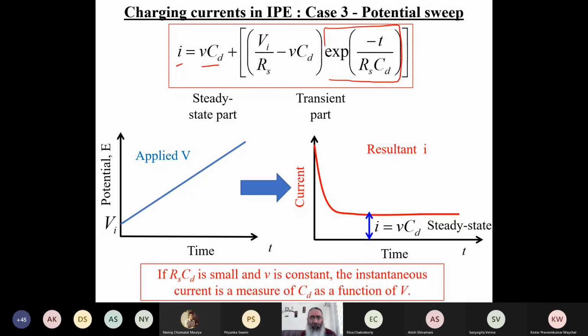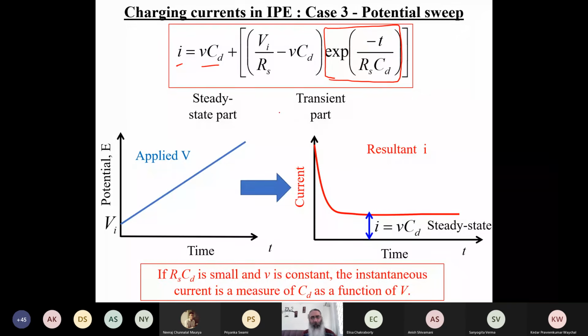This exponential term is consistently appearing no matter what kind of input you give. In case of a potential step, it doesn't come because it's a linear function. But in case of a potential step or a potential sweep, you will see this exponential function coming out repeatedly.